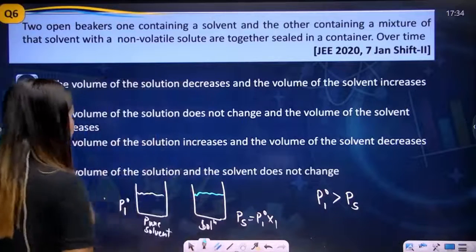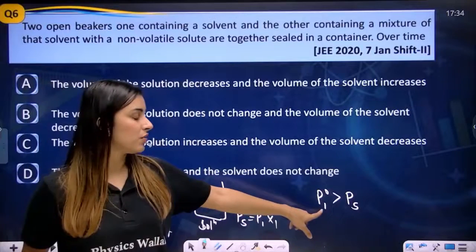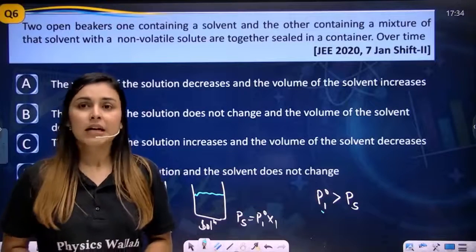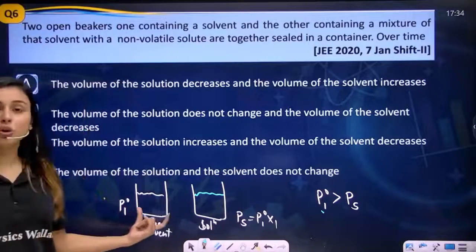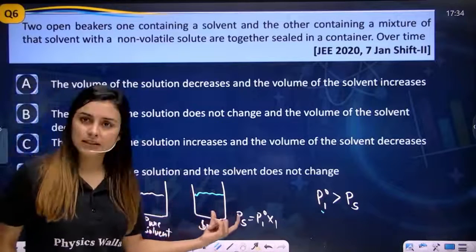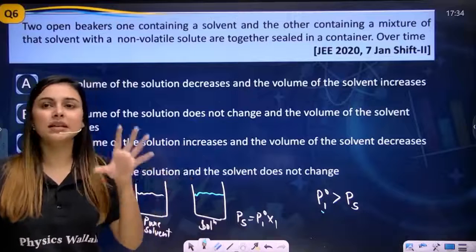Now, my dear students, you know that the vapor pressure P1 naught is more than PS. This means that this pure solvent will form more vapors as compared to the solution at the same temperature.